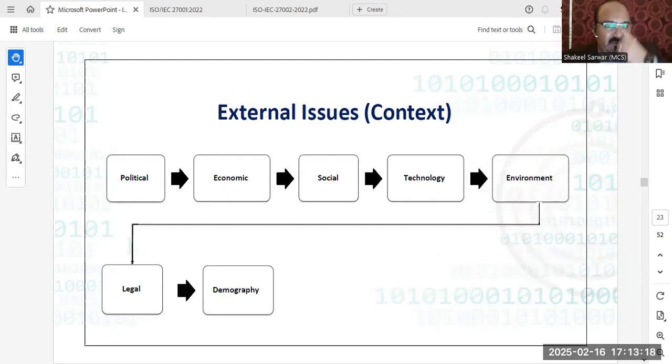External issues are factors outside the organization that could impact its ISMS. These include regulatory, technological, market, and environmental aspects that influence how the organization operates. For example, regulatory and legal requirements like compliance with laws, regulations, and industry standards.